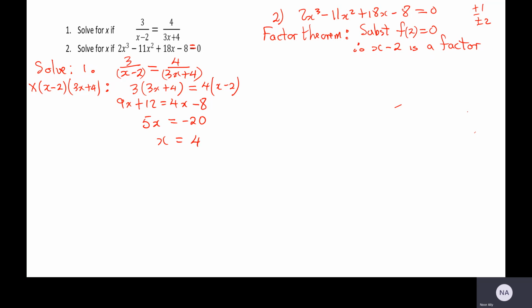Now, how do you find the other factors? I know there are different ways that you did it at school. Some of you did synthetic division, which I'm going to do. You could do long division, as we did in the previous lecture, and then equating coefficients.